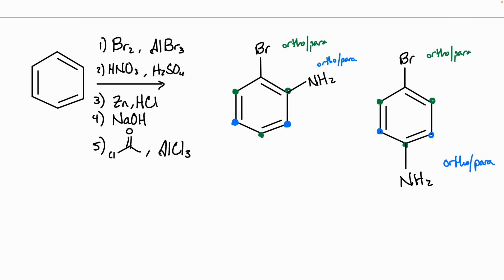And which one's going to win here, the bromine or the amine? The amine. The amine is a strong ortho-para director, whereas bromine is a weak ortho-para director.